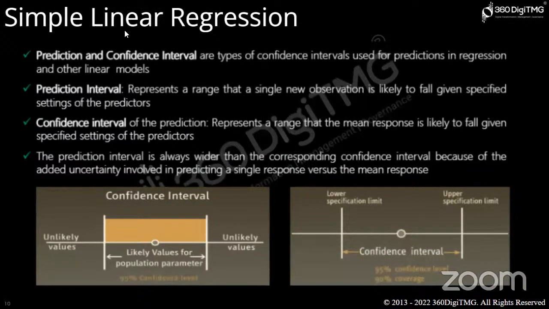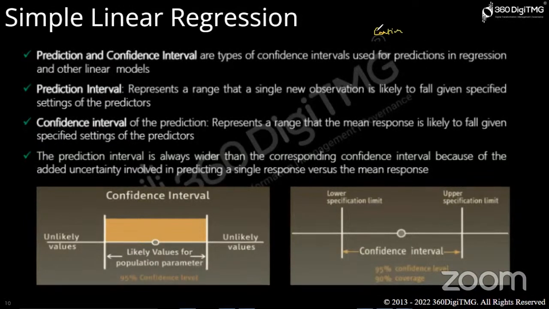When we take continuous data into consideration and try to find the probability distribution, these values will range from minus infinity to plus infinity.